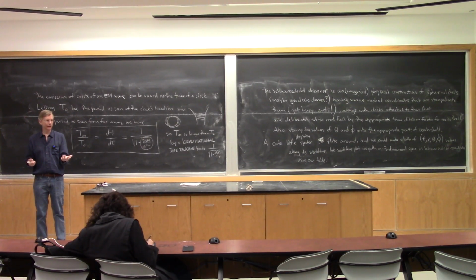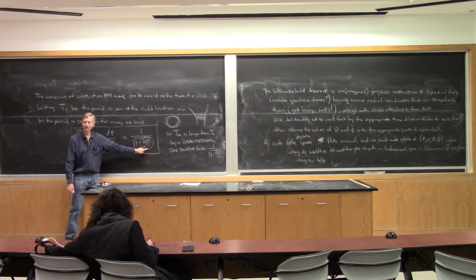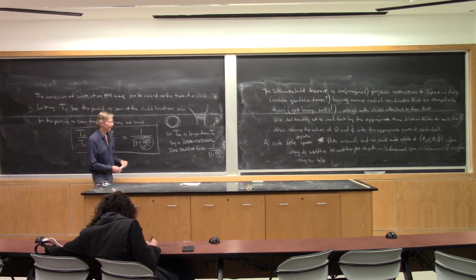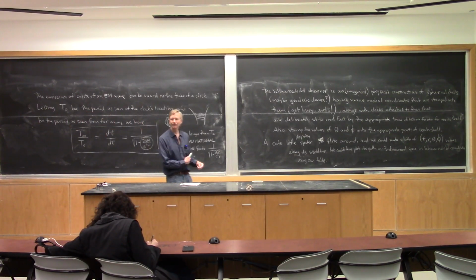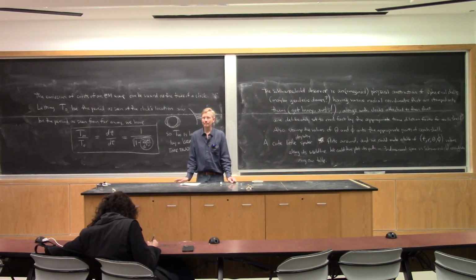That's what we'll carry on with next time. But that's where this is coming from. This thing blows up at a particular value of r, namely the Schwarzschild radius, namely 2GM over c squared. If r is 2GM over c squared, this becomes 1. That's the Schwarzschild radius, and the time dilation becomes infinite at that point.